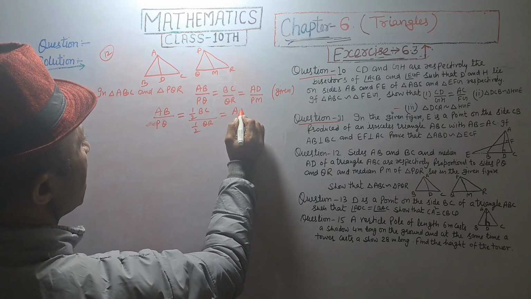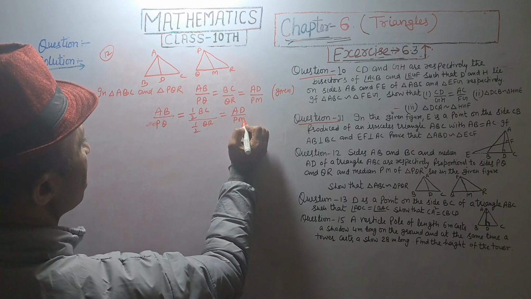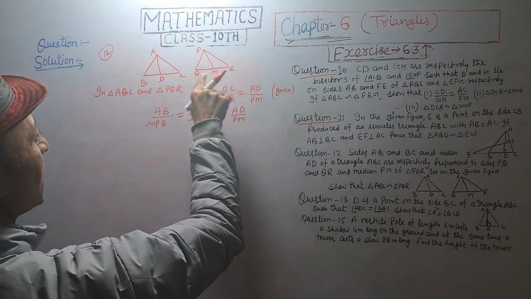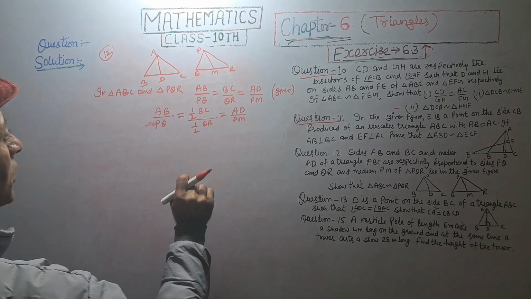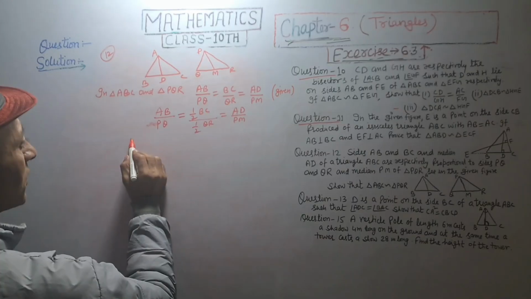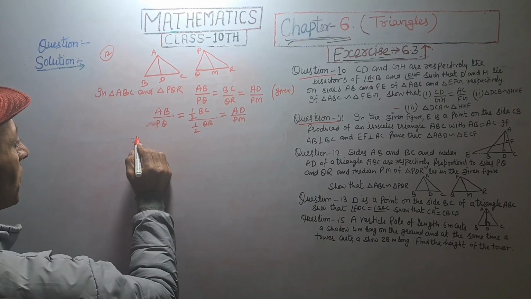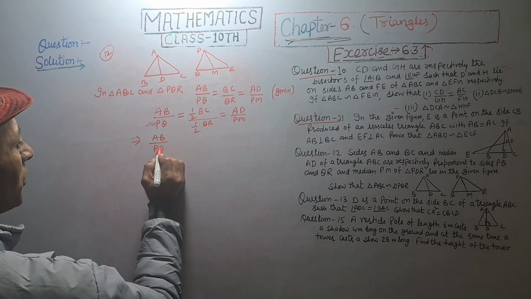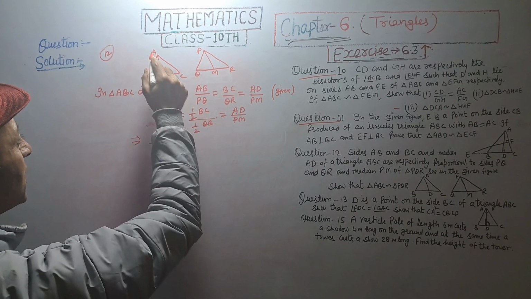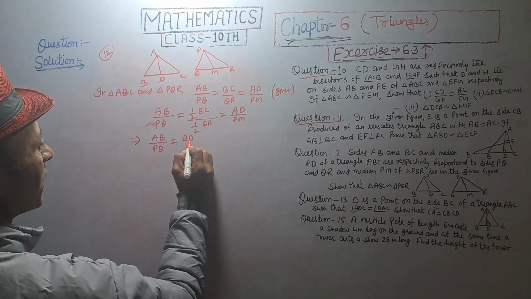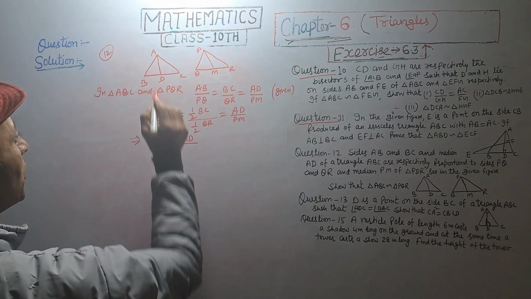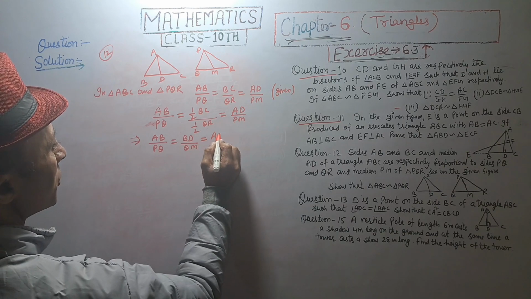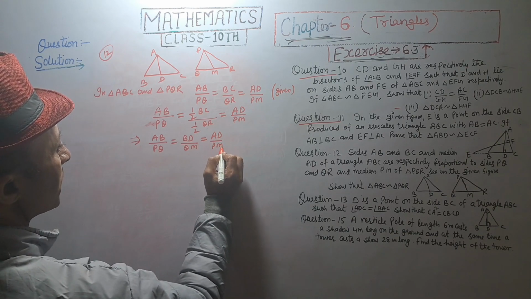Half of BC is BD and half of QR is QM, that is equal to AD upon PM. So AB upon PQ is equal to BD upon QM, equal to AD upon PM.